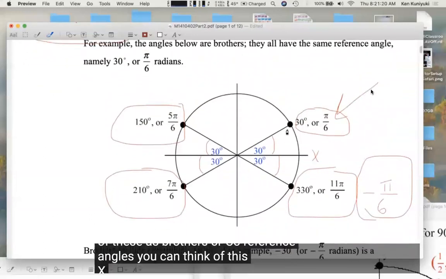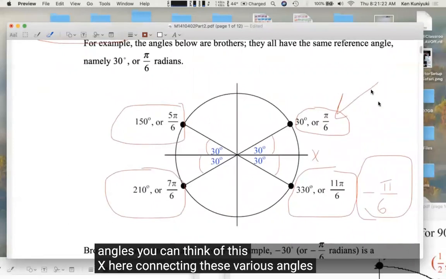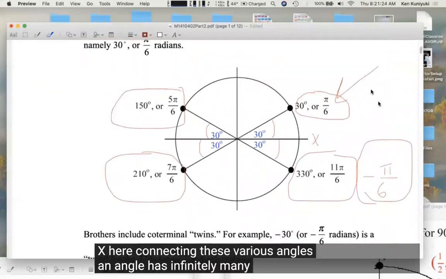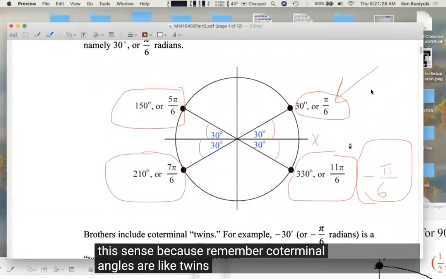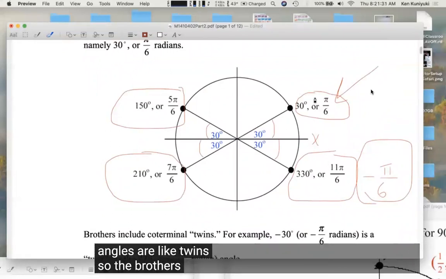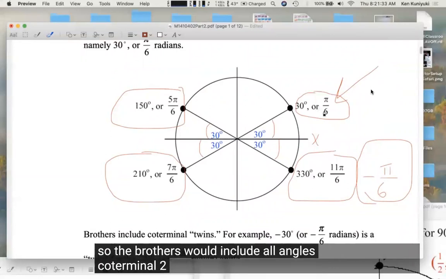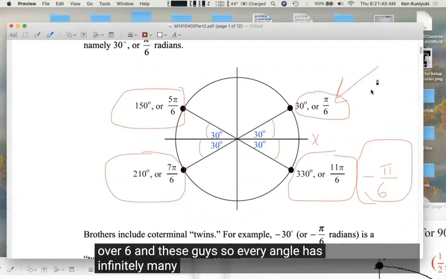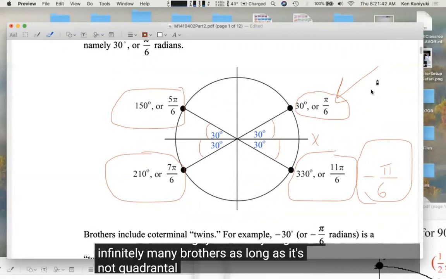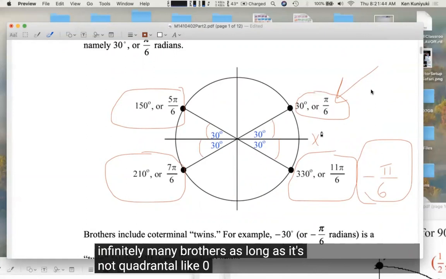You can think of this x here, connecting these various angles. An angle has infinitely many brothers in this sense, because remember, coterminal angles are like twins. So the brothers would include all angles coterminal to pi/6, 5 pi/6, 7 pi/6, and these guys. So every angle has infinitely many brothers, as long as it's not quadrantal, like 0 or pi/2.